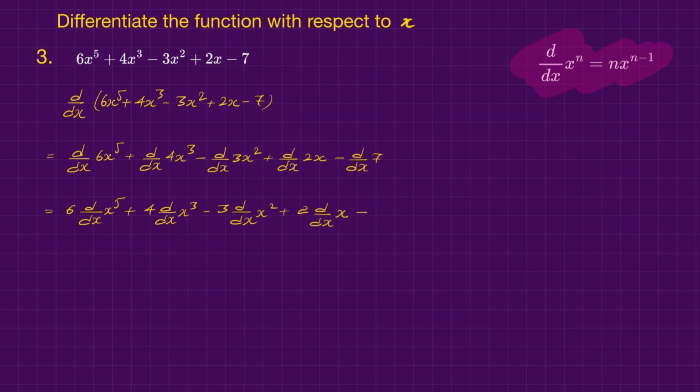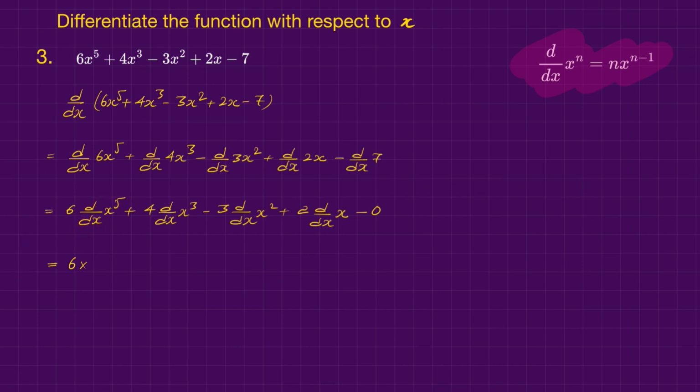Okay, so by rule 1, this portion will be 0 because differentiation of a constant is always 0, so it will be minus 0.